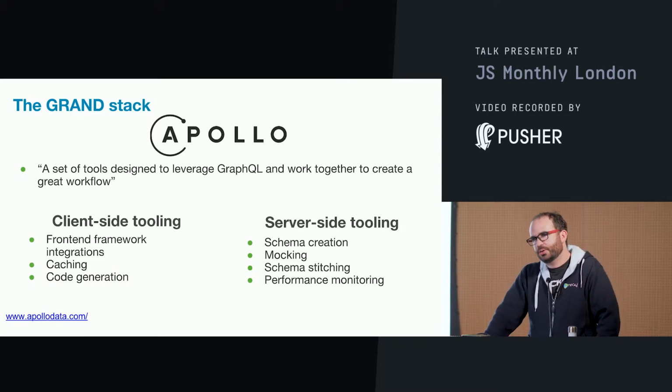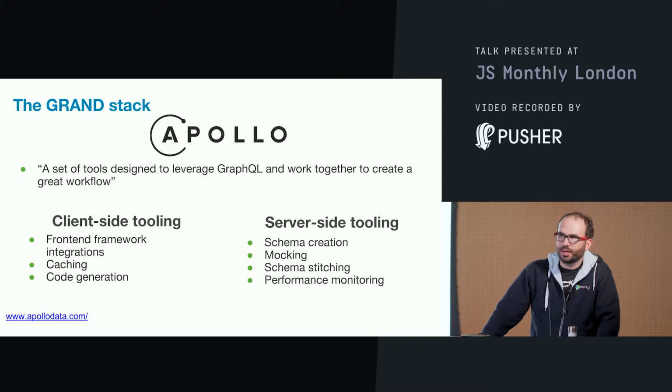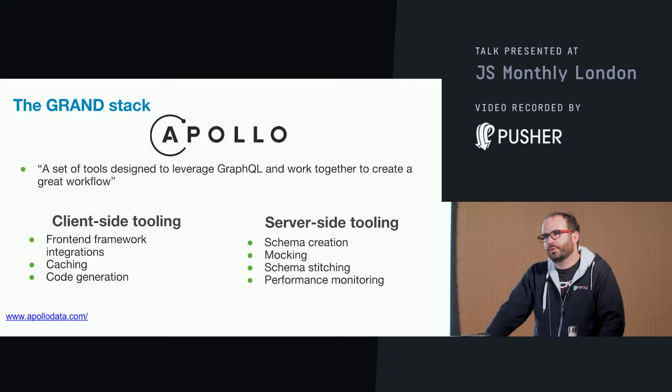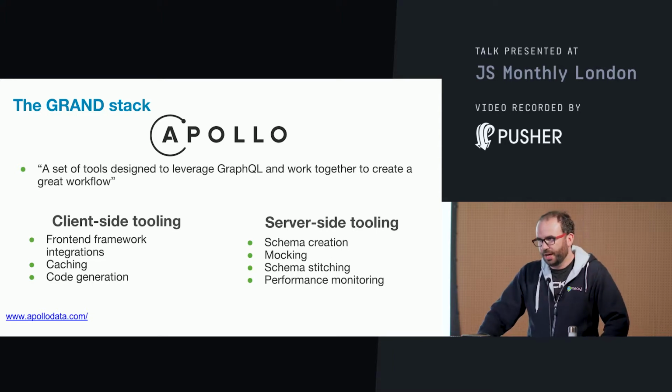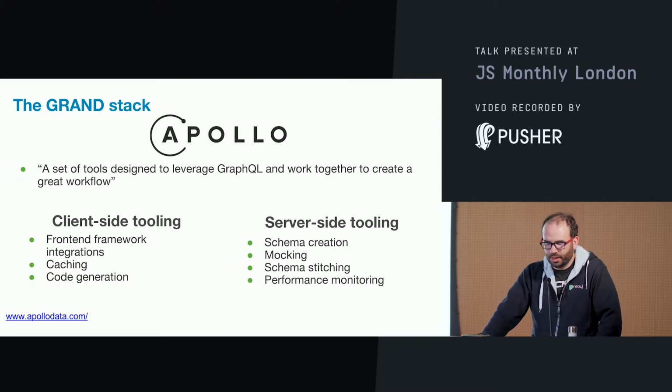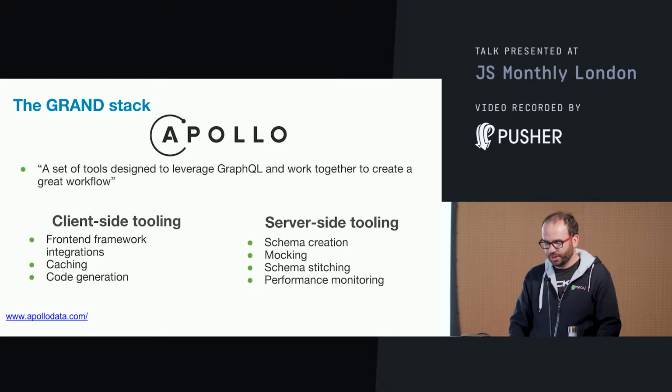So you see Apollo show up both on the client side with things like Apollo Client, and then also on server-side tooling for building a GraphQL service, things like performance monitoring and mocking. So when we say Apollo, in this example today, we're going to look at the Apollo client, specifically the React integration for Apollo client. But really, there are lots of different Apollo projects that help with working with GraphQL throughout the stack.